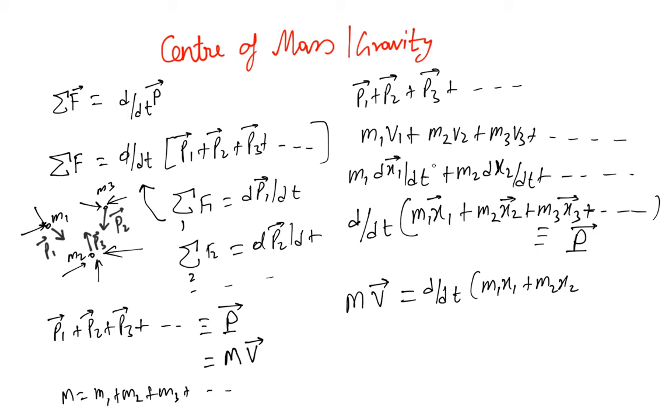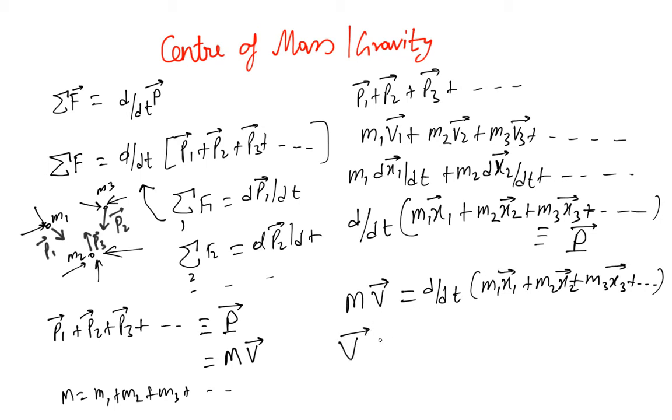You should not forget that velocity is a vector, so these should have vector signs.